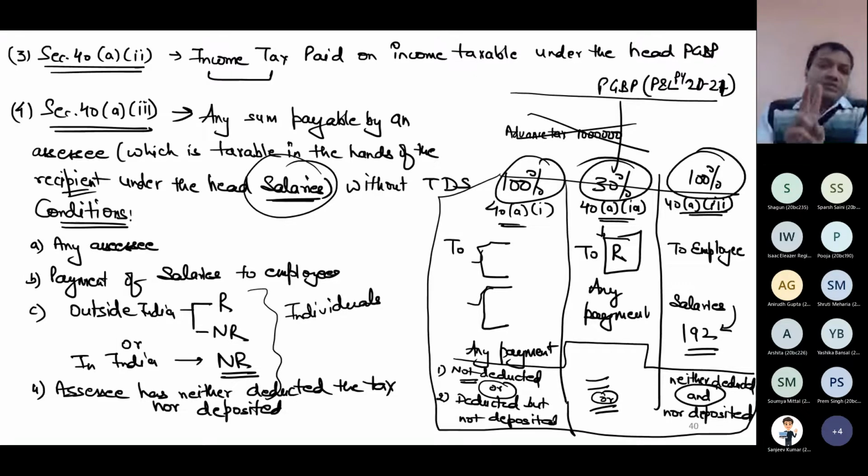So both the conditions must be fulfilled, neither deducted nor deposited. If this is the case, 100% of the payment will be disallowed, same as previous sections, but it will be allowed again in the same year in which you actually deposit the tax.